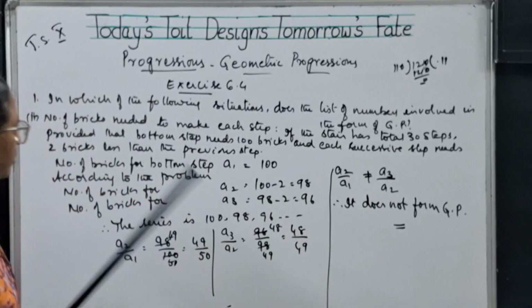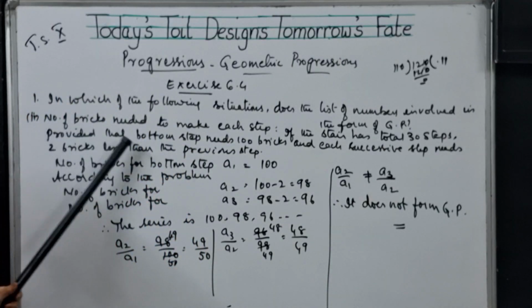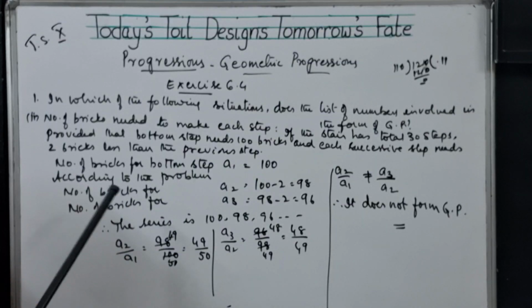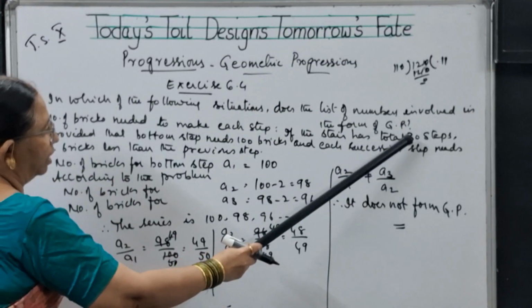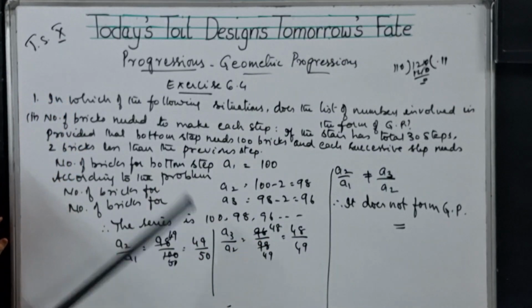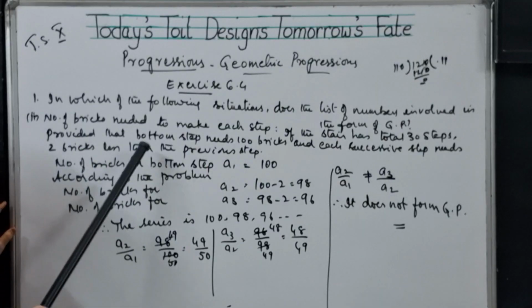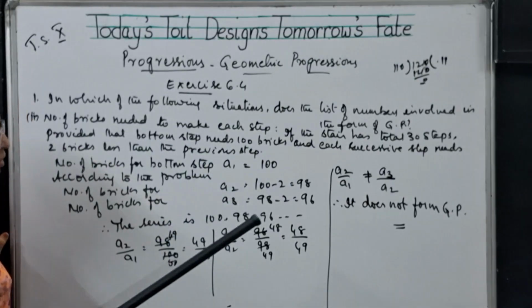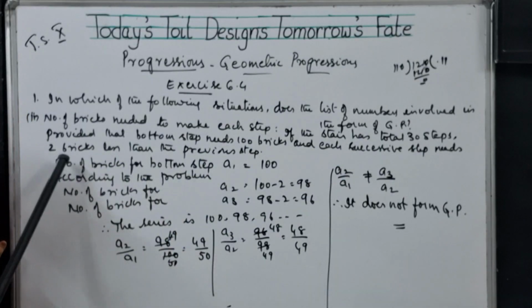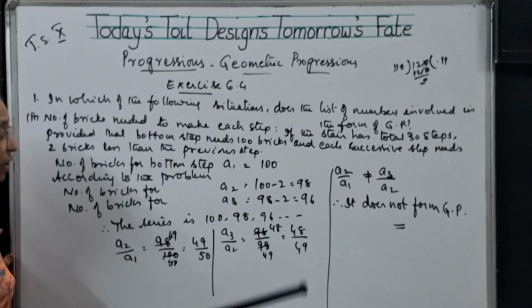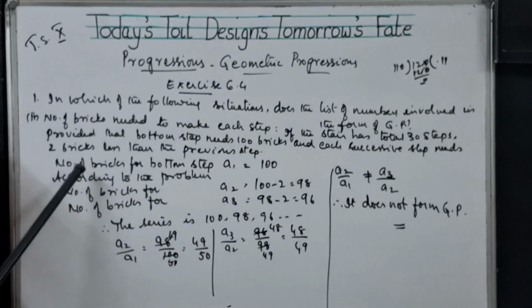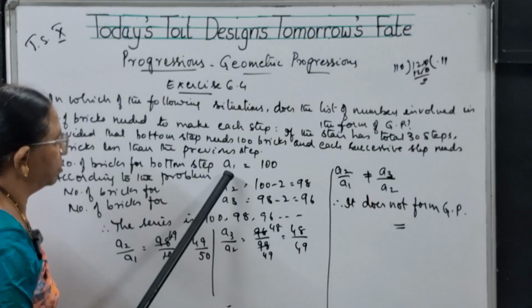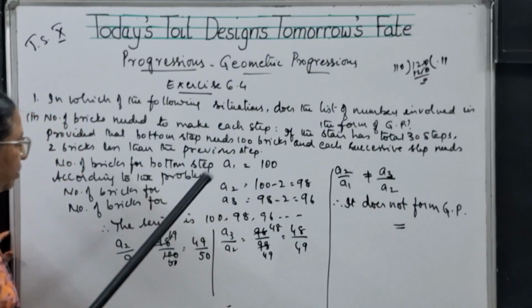So let me explain the problem once again. Number of bricks needed to make each step. If the stair has a total of 30 steps, provided that the bottom step needs 100 bricks and each successive step needs 2 bricks less than the previous step. So the number of bricks for the bottom step, that is A1, I took as 100.